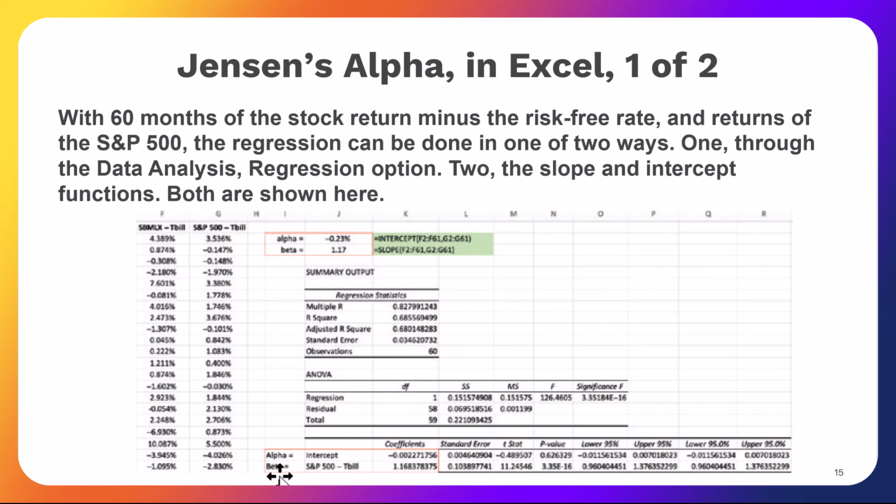So essentially, the statistical significance of beta is 100%, right? That's the number, 1.17. But this 0.002 number is not statistically significant.